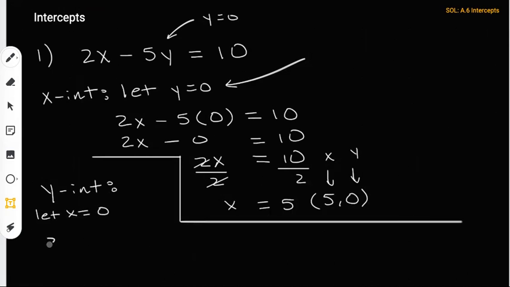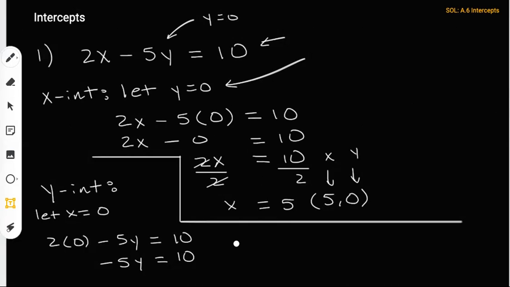So we're going to get 2 times 0 minus 5y equals 10 from our original equation up here. All I'm doing is I'm letting x equal 0. So 2 times 0 is going to give me 0. The 0 can just be left off. It doesn't matter anymore. And now I have negative 5 times y equals 10.